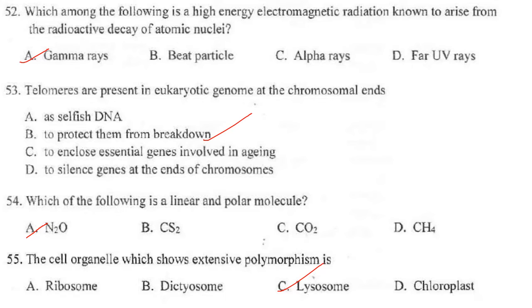Answer is option B. The major role of telomeres is to cap the chromosome ends to minimize the loss of DNA during rounds of cell replication. So answer is option B. Then which of the following is a linear and polar molecule? It is N2O. Answer is option A. Then the cell organelle which show extensive polymorphism, it is lysosome. Answer is C.